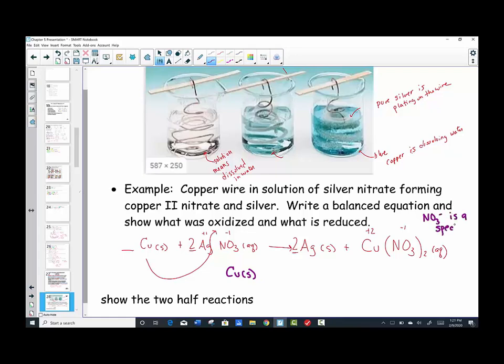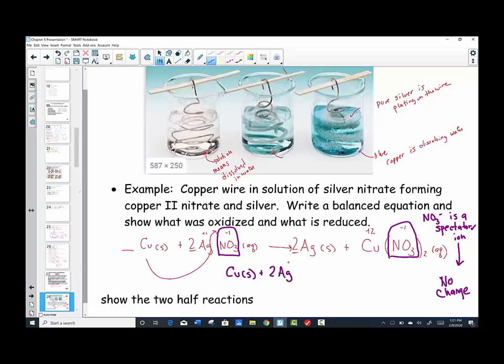And I'm going to tell you that the nitrate is a spectator ion. Now, what does that term mean? It simply means that it didn't change in charge. Notice that the nitrate appeared as NO3 minus 1 on this side, and it appears over here as NO3 minus 1. Since it did not change, it's referred to as a spectator ion, and we can just get rid of it in our equation.